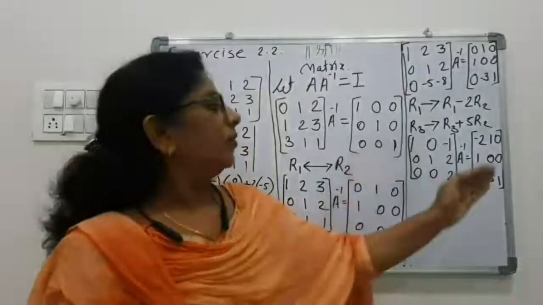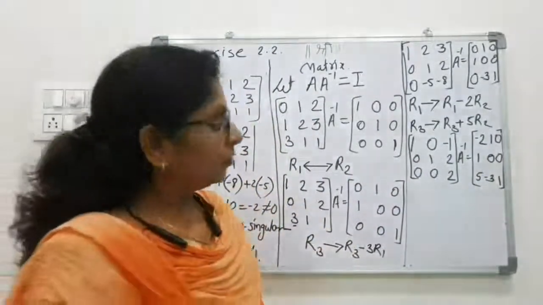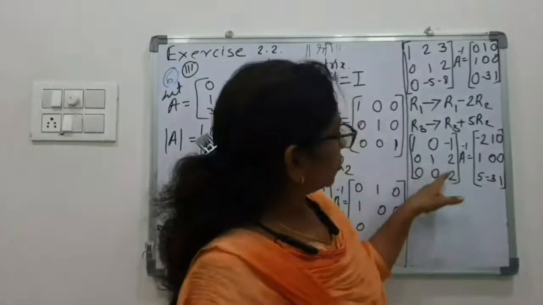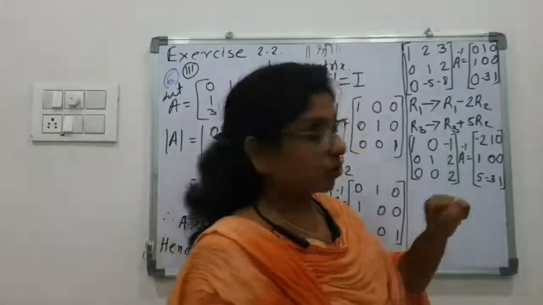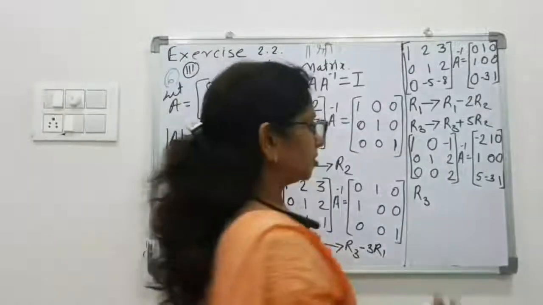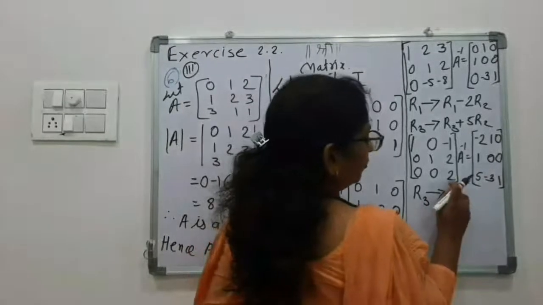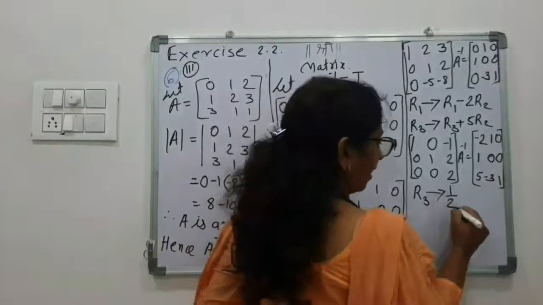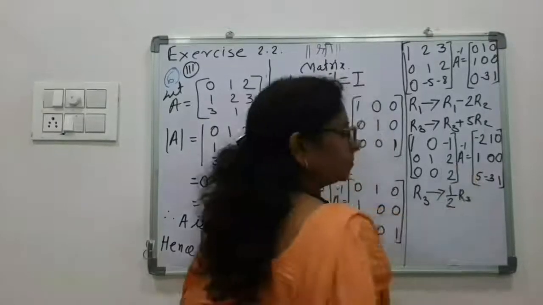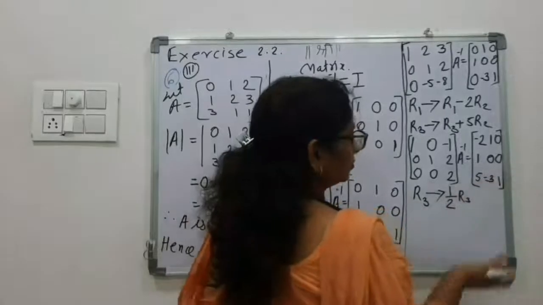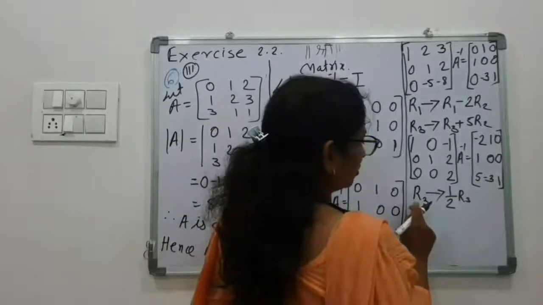Okay. Now come for the third column. Now what is third column? Minus 1 2 1. We want 1 0 0. So first we will bring here 1. First we will bring here means R3. If we divide this by 2, we will get 1. It means if we multiply by half, we will get here 1. Now do transformation on both sides. So no change on R1 R2.